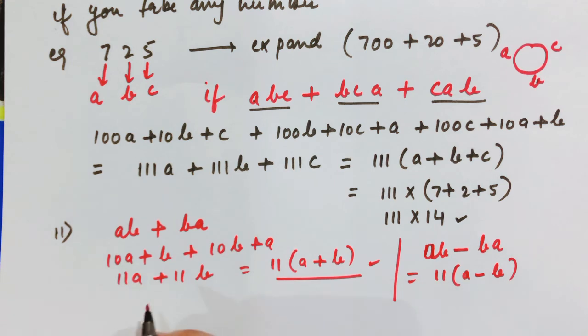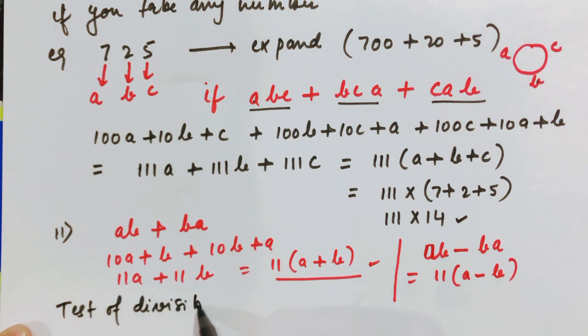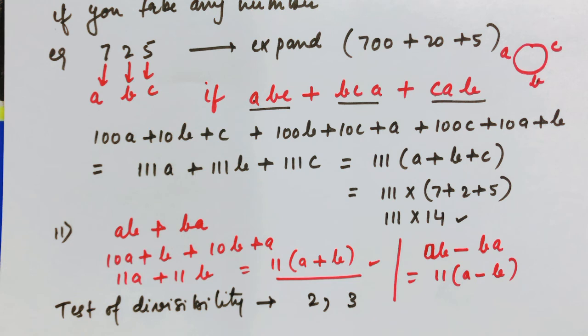There is nothing much to study in this, just keep in mind the tests of divisibility. Tests of divisibility need attention. For example, you know numbers divisible by 2 are those whose last digits are even. Let us come to 3 and 9 together: the sum of the digits should be divisible by 3 and 9. For 5, you already know that the last digit should be 5 or 0.